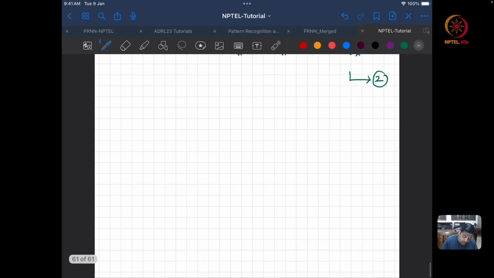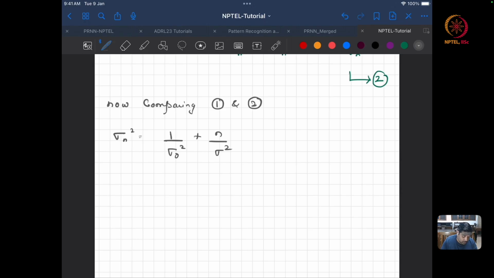Now comparing 1 and 2, when I mean 2, only in the brackets, we get 1 over sigma n square is 1 over sigma naught square plus n over sigma square.